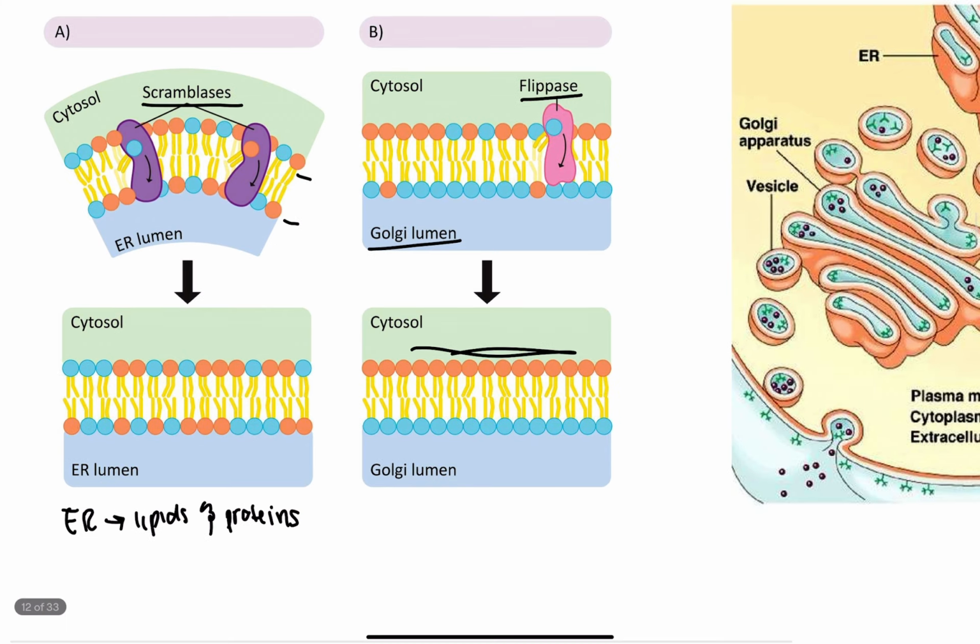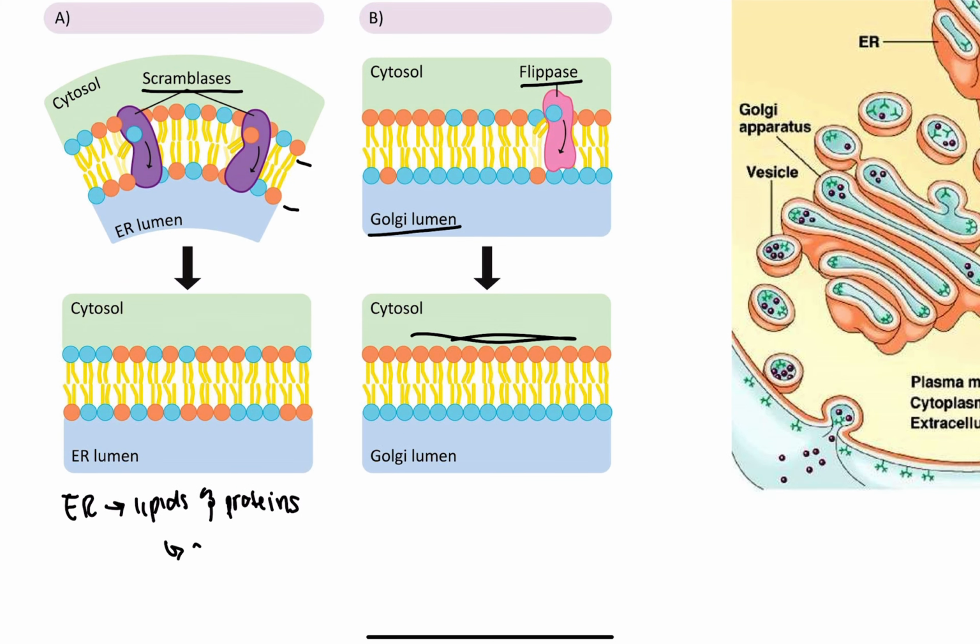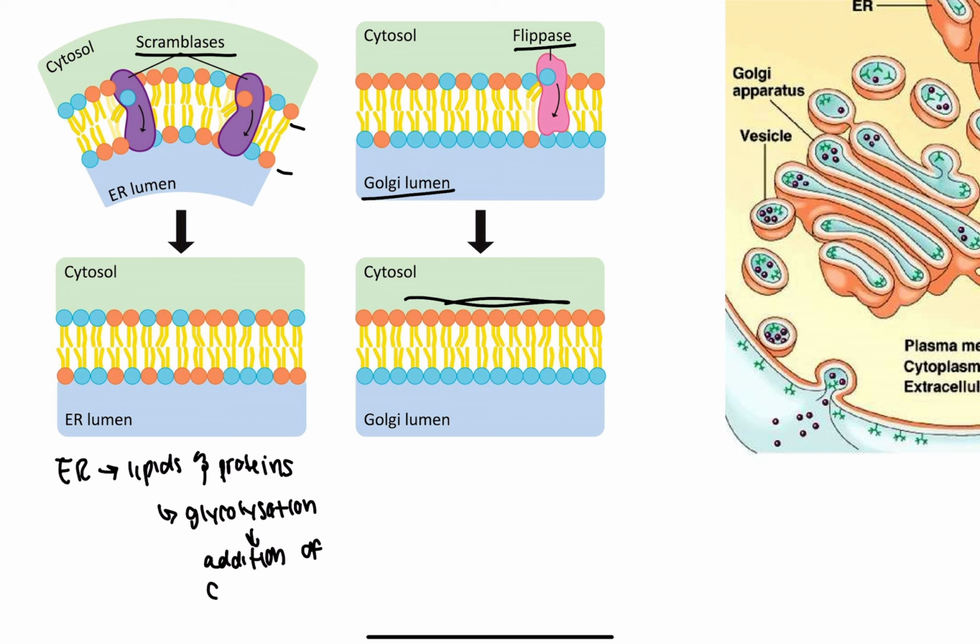Some of these are going to undergo something called glycosylation, which is just the addition of carbohydrates to form glycoproteins. And our Golgi apparatus is going to further modify these molecules and produce glycolipids. Those glycolipids are what contribute to that membrane asymmetry.